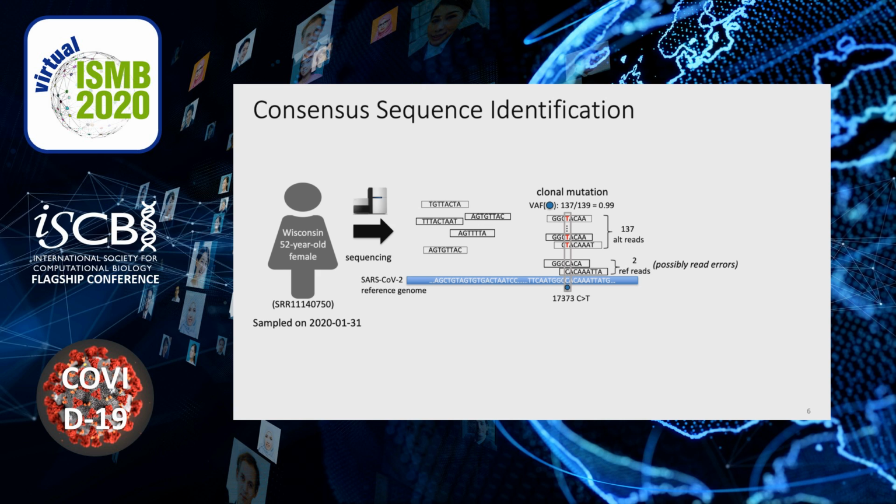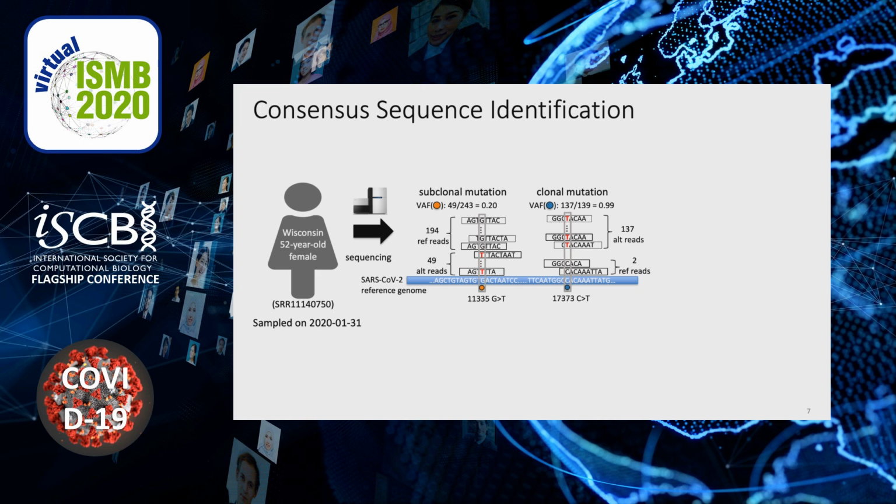Now, mutations with VAF values that are this high are known as clonal mutations. If multiple strains of the virus are present in the sample, then such a mutation must be present in all these strains.